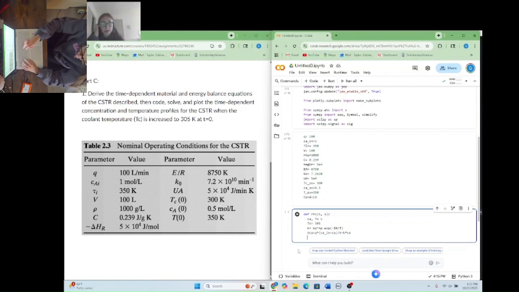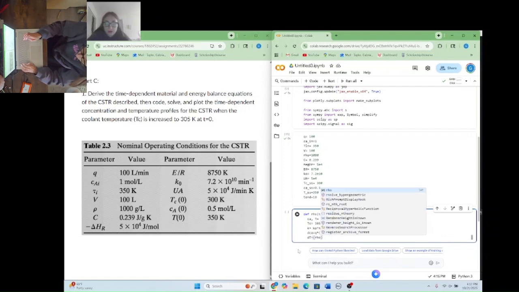Okay, and then we have our dT/dt. So we have our change in concentration; now we need our change in temperature, right? So let's do that equation. First, let's put this all in parentheses. So rho times our Q times our heat capacity, right?